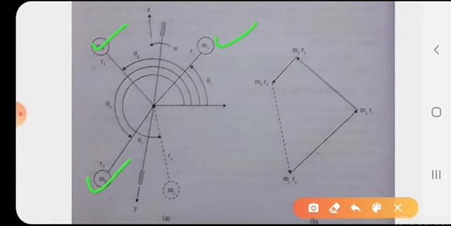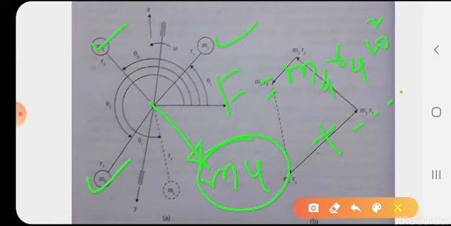If in case one more mass is used, we can call it m4, so F can be written with m4 r4 omega square added, and so on, like that.